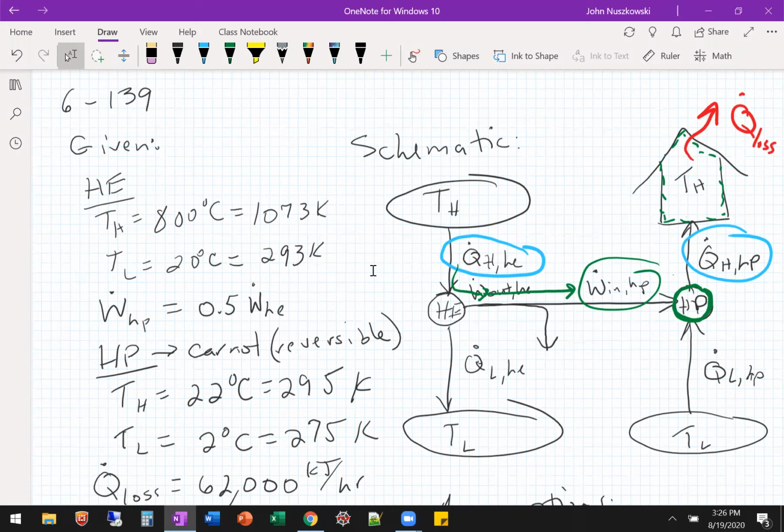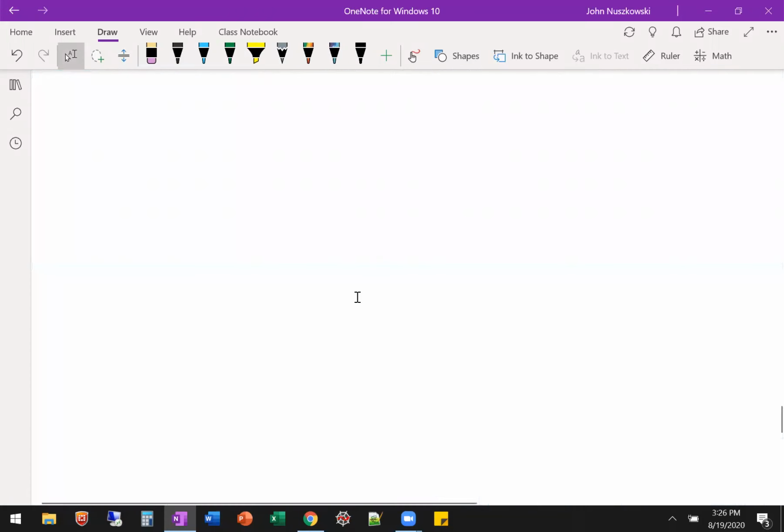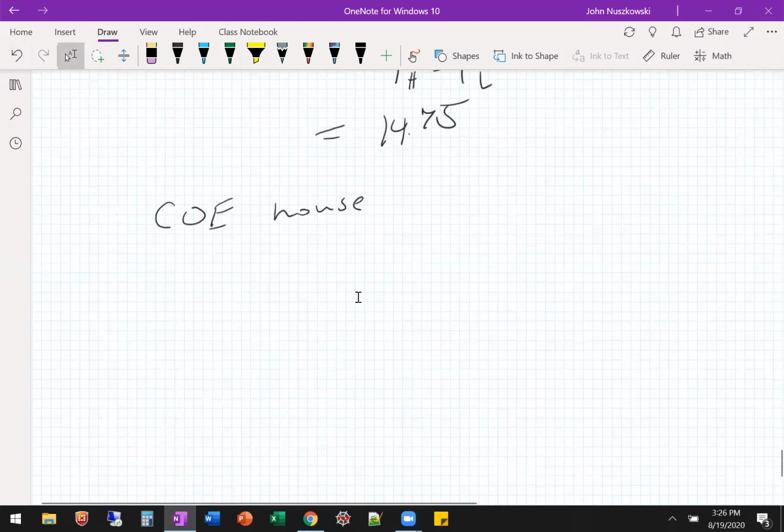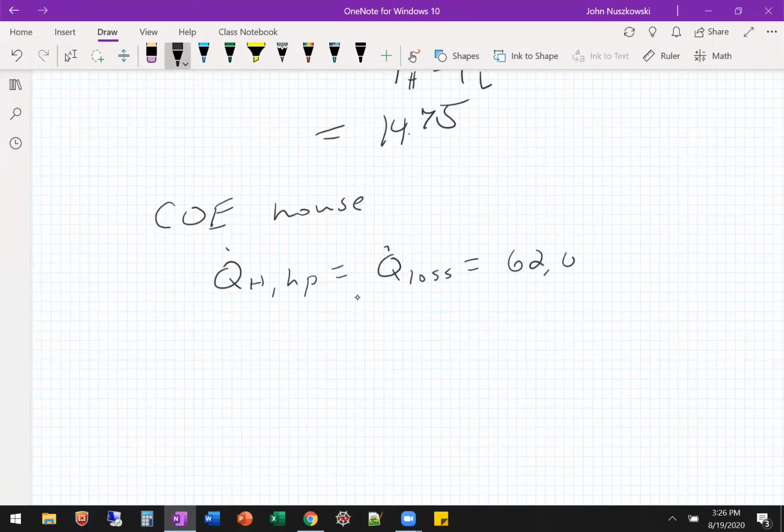There's no work in our boundary in the house, so all you have is the heat transfers. So Q dot H of the heat pump is equal to Q dot loss, which is 62,000 kilojoules per hour.